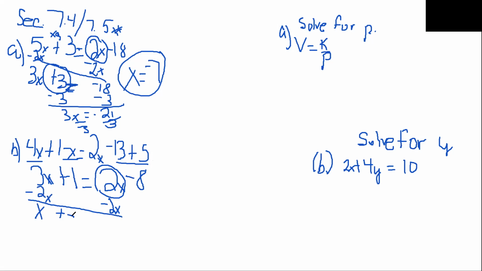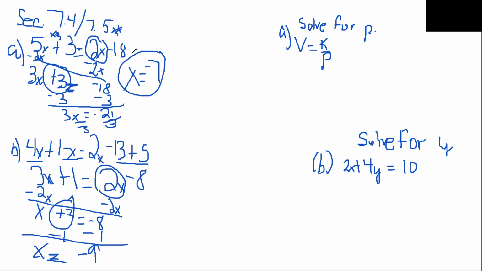And there I show a negative 8. So what will I do with this plus 1 is that I will make it a minus 1. And there I'm able to see that x is equal to negative 9. Final answer.